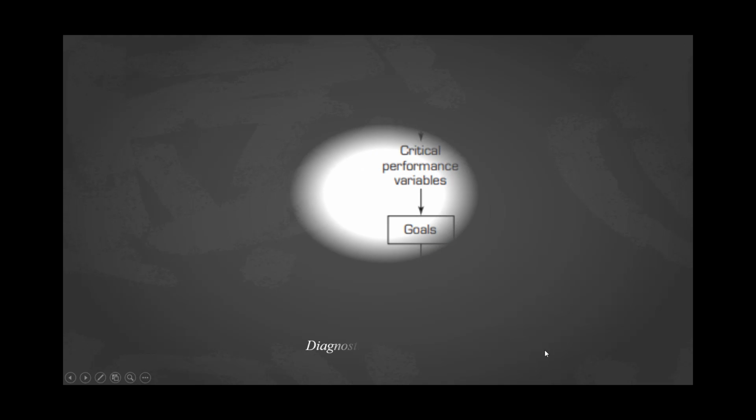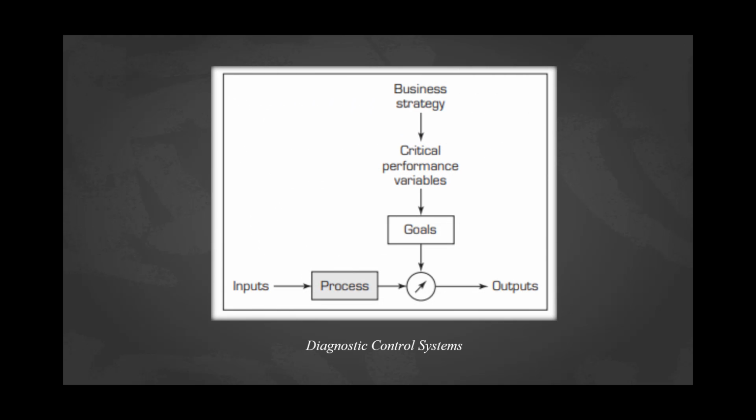Most of the companies use what is known as a diagnostic control system to monitor organizational performance and correct deviations from preset performance standards. This is true even for those organizations that do not have formal business process management processes or systems.